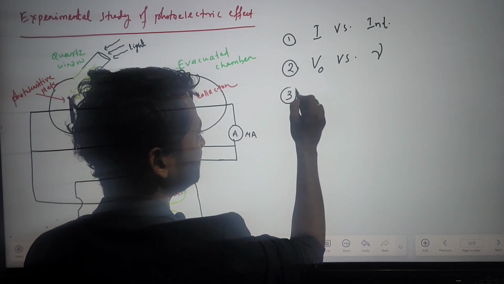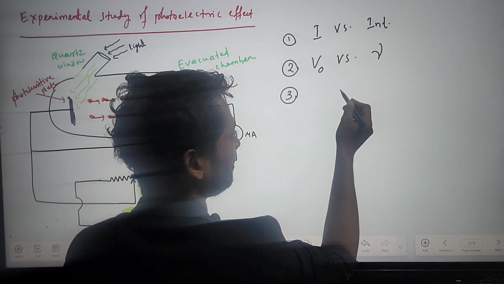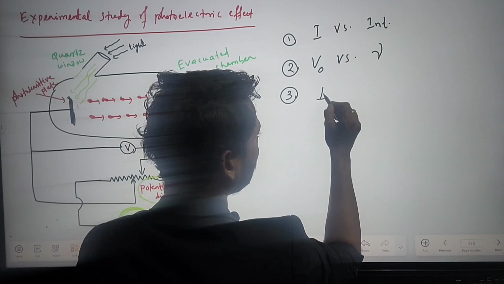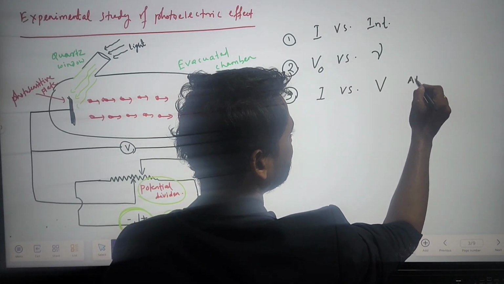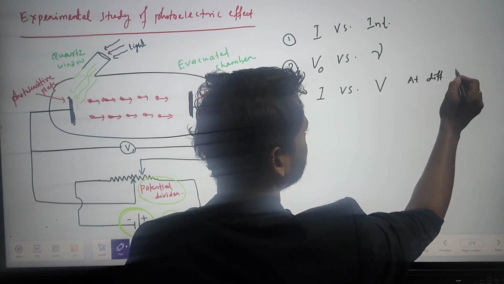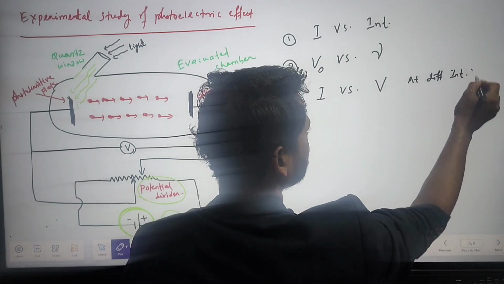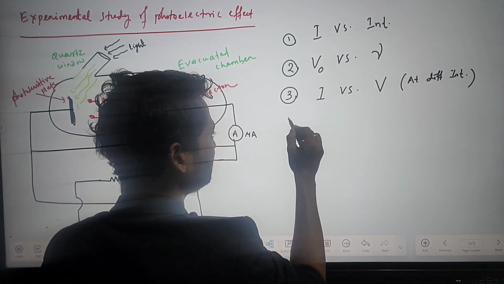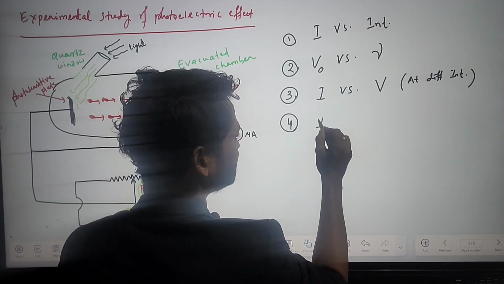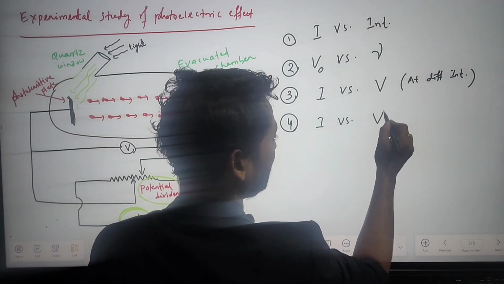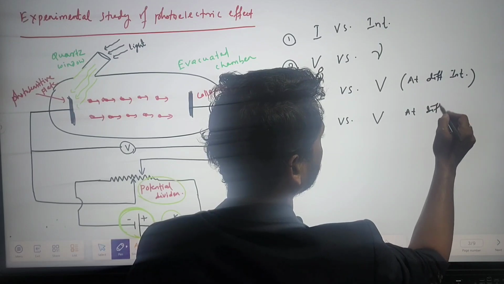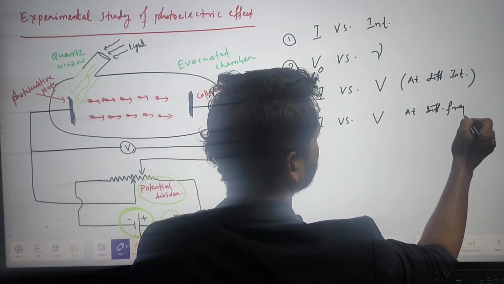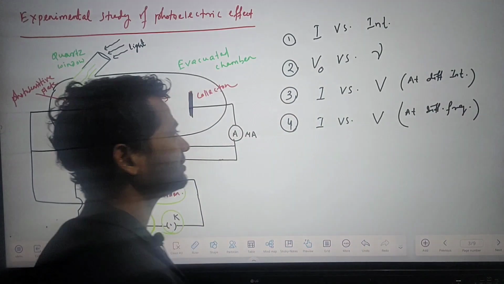The third graph is the variation of photocurrent with respect to anode potential at different intensity, keeping frequency constant. And the fourth one is the variation of photocurrent with respect to anode potential at different frequency, keeping intensity constant.